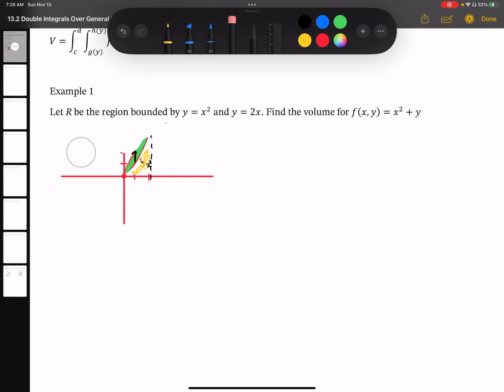So when we integrate this procedurally, like I said, it's not any different from what we already know how to do. It's actually setting up the region that is the work. Say we didn't have graphing capabilities and we had to find our limits for integration. We know that the inner function is going to have limits from x squared to 2x.